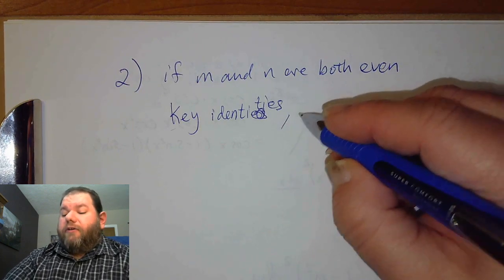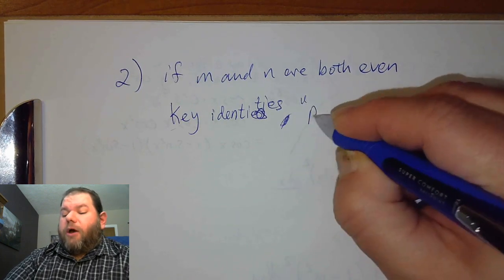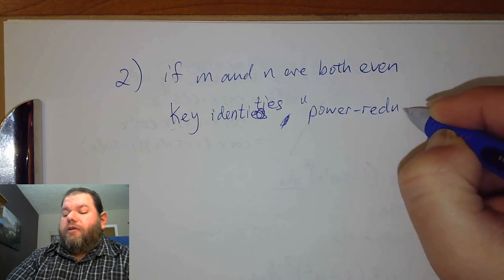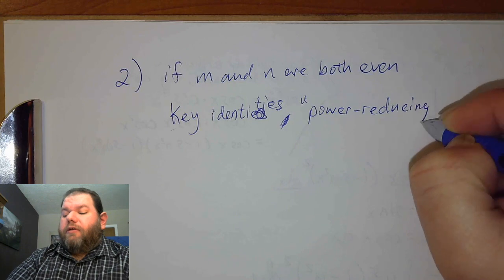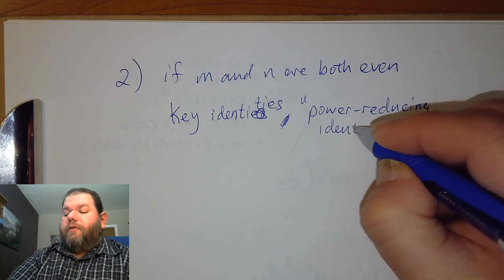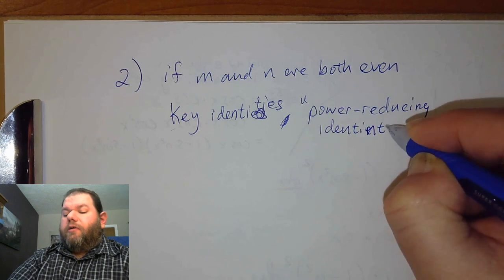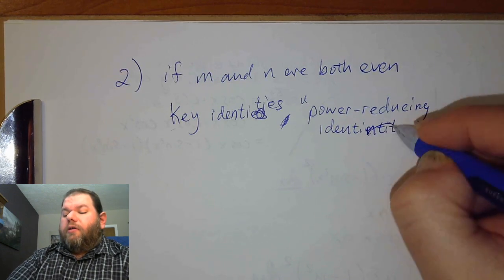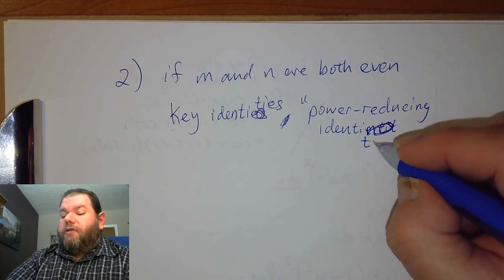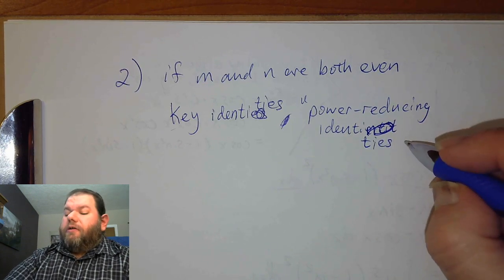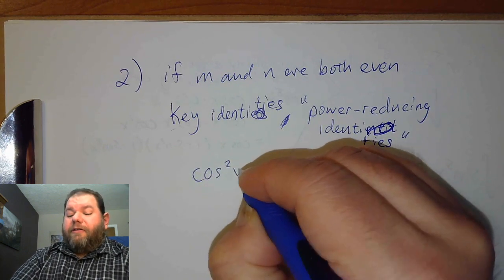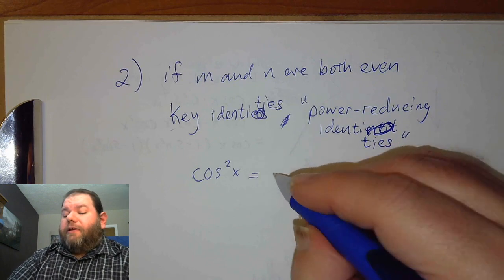So our key identities are called the power reducing identities. I'm just forgetting everything now. Sorry. Anyway, let's get to the formulas. I can regurgitate those easily.